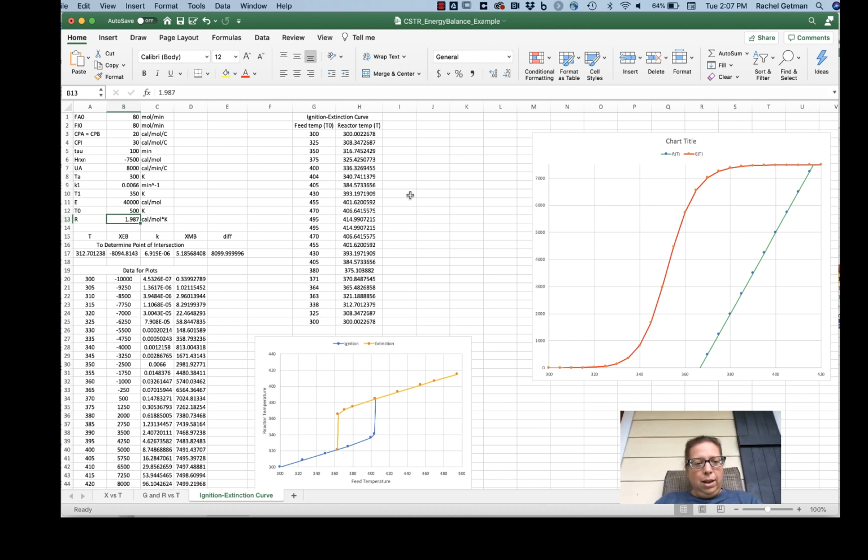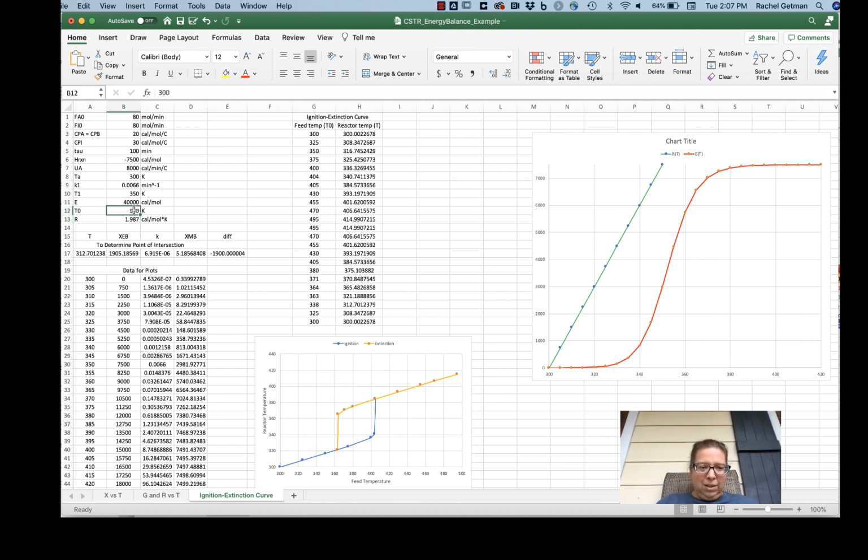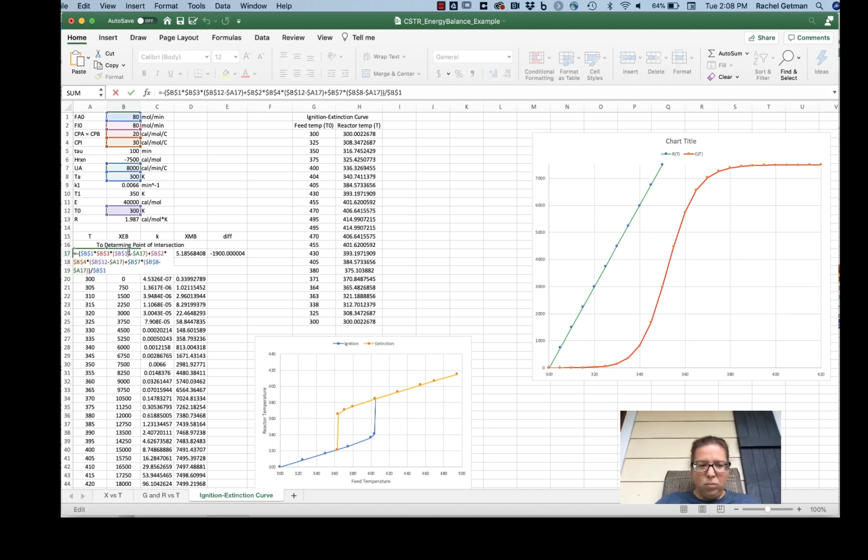What I want to do here is change the feed temperature and see how the reactor temperature changes accordingly. I'm going to start down here at 300. What I've done here is make an energy balance solution that depends on this feed temperature.